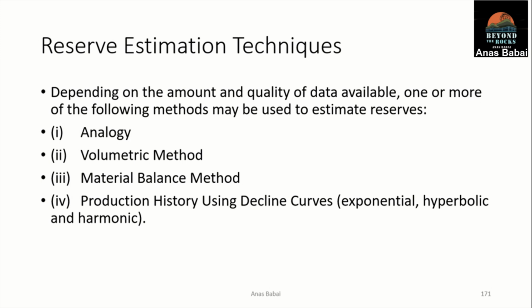Using this technique, normally we can predict the performance of our reservoir in the future. There are different types of curves. It can be exponential, hyperbolic, and harmonic. Each and every curve has its own conditions and scenarios.